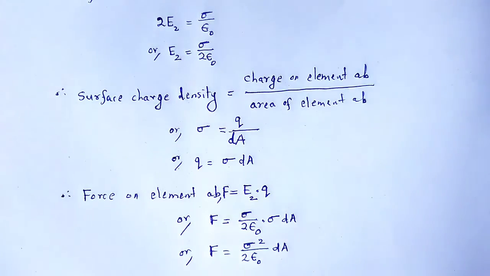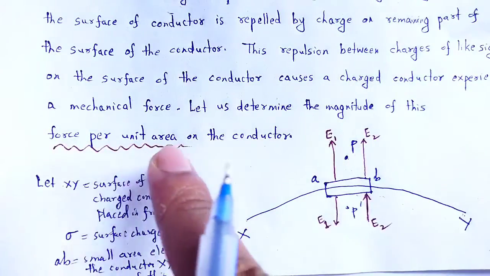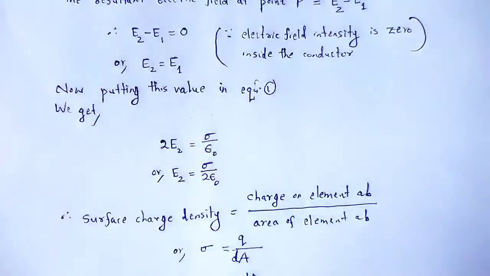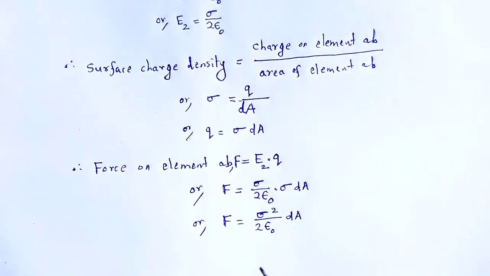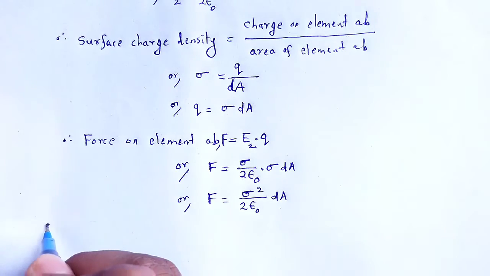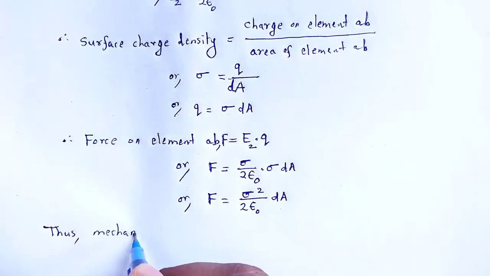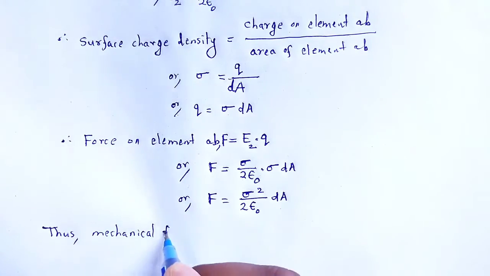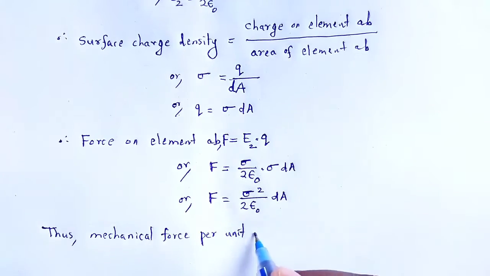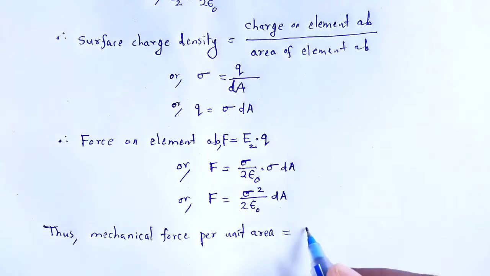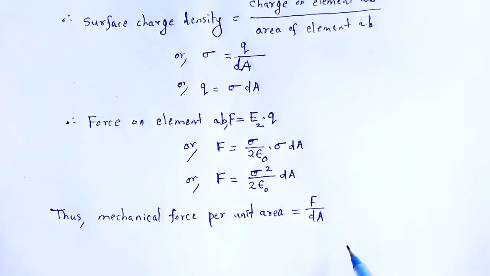But our task is to find the force per unit area on the conductor. So the mechanical force per unit area is equal to F divided by dA.